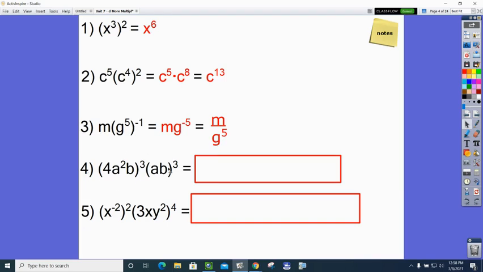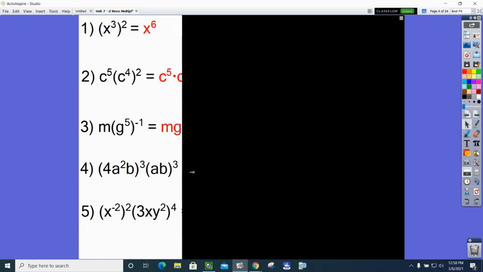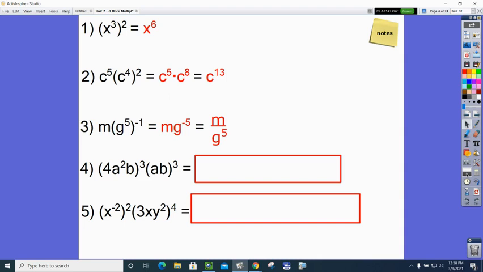Okay, this looks like a colossal mess. So the first thing that I would do, I'm just going to use my screen, is talk about cleaning this one up. And then once I clean that one up, I would put the screen up and look at cleaning this one. Now this is where that second rule is going to come into play, that we've got a product raised to a power.